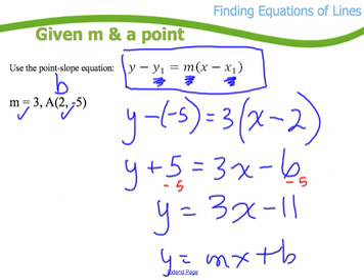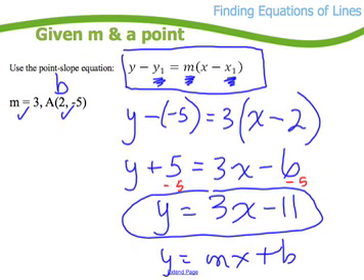The question was, find the equation of the line that has this as the slope and this as a point. All I did was use this formula, plug in an x and a y value for a point and the slope, and as I simplified it, I came down to this equation right there. So I know my slope is 3. I guess I knew that from the start.